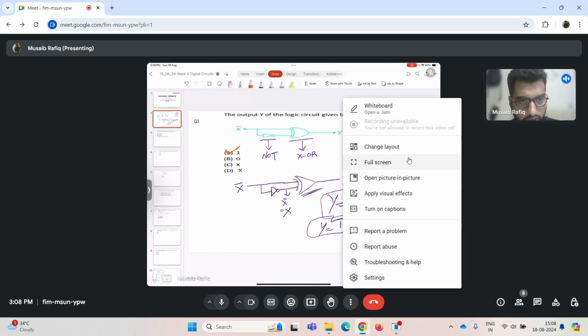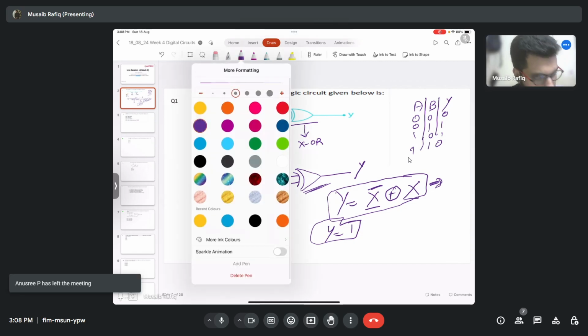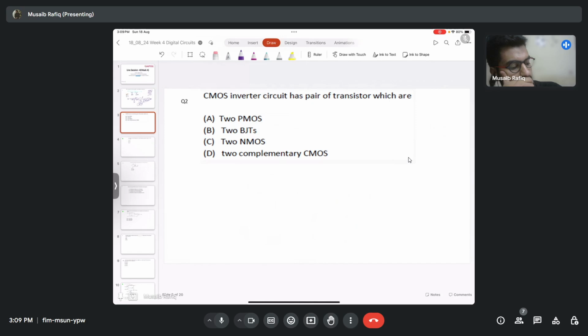If not, I think we can proceed to the next problem of today's live session. That is: a CMOS inverter circuit has a pair of transistors which are A, 2 PMOS, B, 2 BJTs, C, 2 NMOS, and D, 2 complementary CMOS.